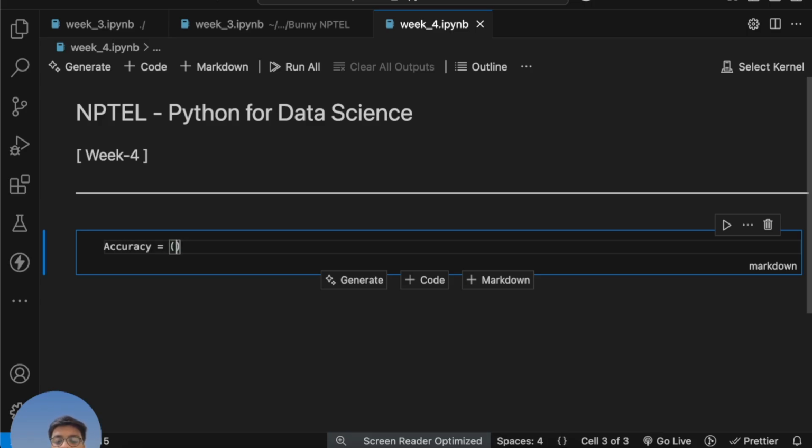Number of correct predictions by total number of predictions.